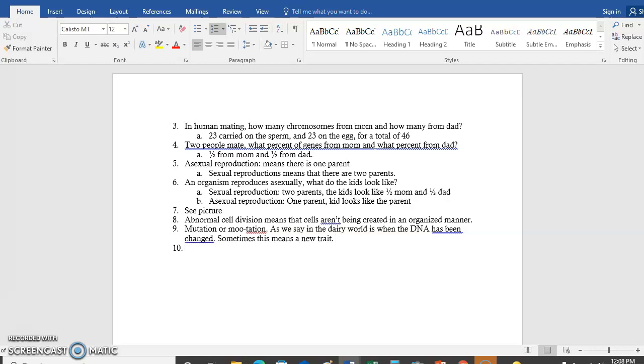Number 10. Why is a tomato plant an example of genetic engineering? Now let's say you're a tomato farmer. What's going to sell better? The big ones, or the small, odd, deformed ones?